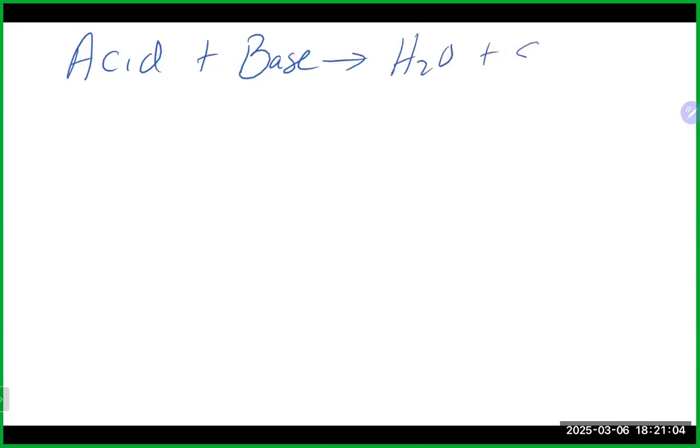So how do we get a salt? Just a reminder, right? If we take our friend an acid, we dump a base with it, we get water, right? And a salt. A salt is an ionic compound, right? It is really an ionic compound that essentially is derived from an acid and a base.